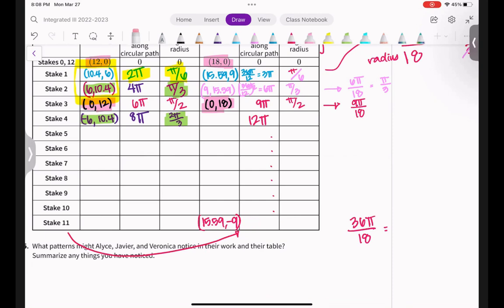Okay, my bad. 12, 15, 18, 21, 24. Oh, I just skipped 33. My goodness, Miss Johnson. Okay, so this is going to be 33 pi. And what do they both have in it? They both have 11. Or 3, sorry. So this is going to be 11 pi over 6, which is exactly what it is.